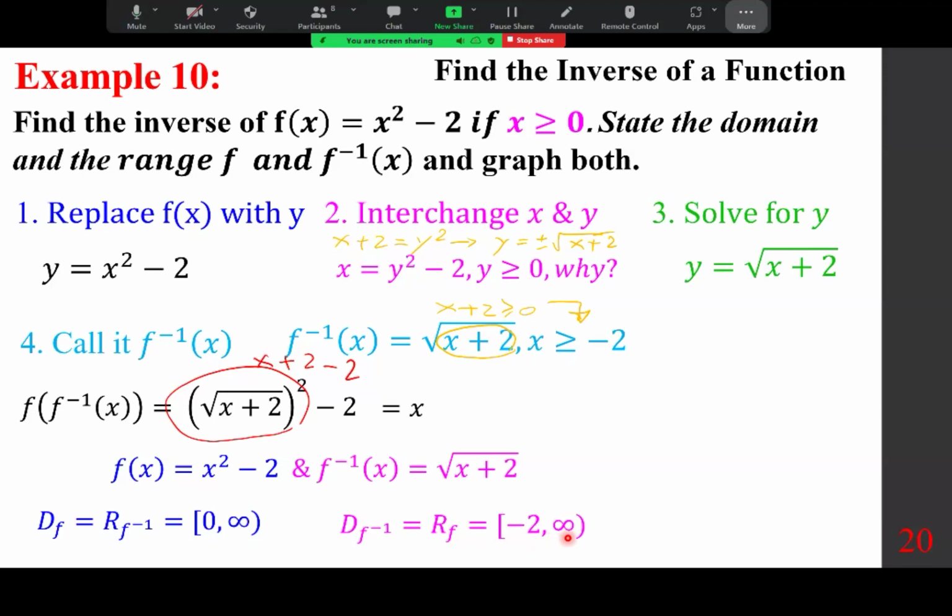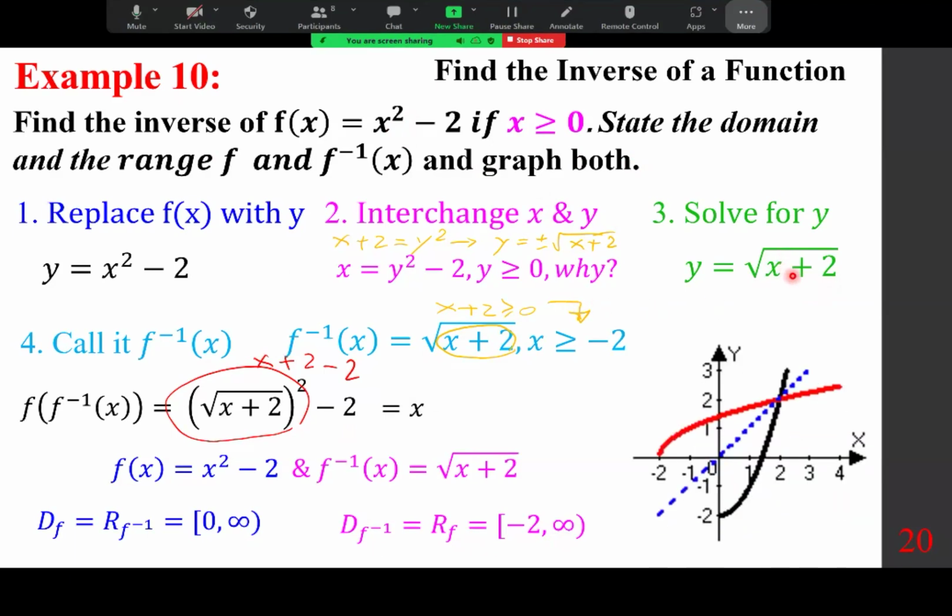Now, if you were to graph it, again, this is y equals x squared shifted down by 2 units, and then we have the right side, and this one is y equals the square root of x plus 2, which has been shifted to the left by 2 units.